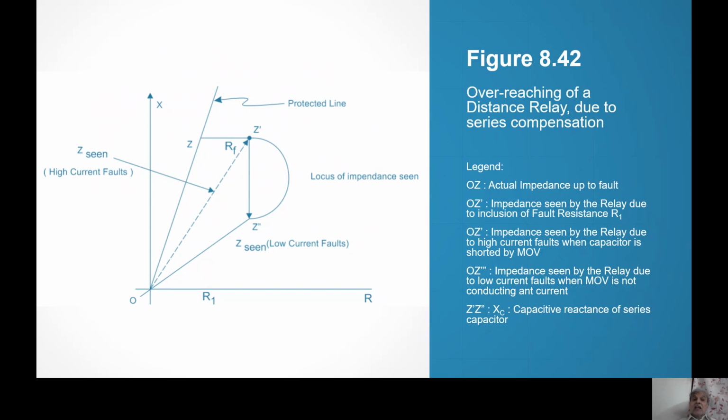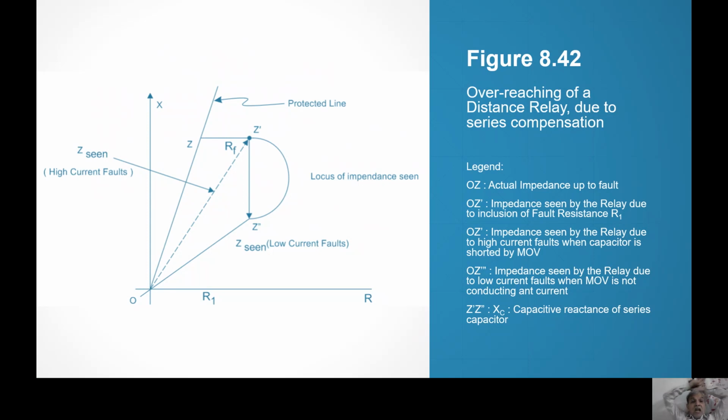When it is a high current fault, when the capacitor is shorted, the impedance measured is the real, true impedance. You have not to think of it, and it will not overreach, it will measure correctly.